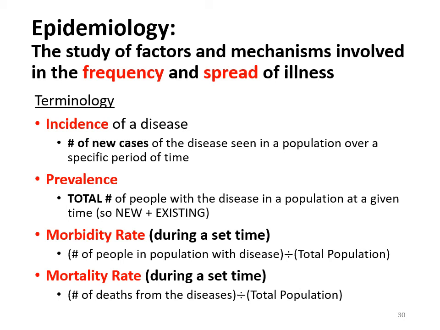Now, when we talk about mortality rate, I want to point out that the total population never changes for that set time. You do not deduct the people who died. So, for instance, if I said that during that time we were just talking about, 6 patients died from whooping cough in that population, we would say 6 over 100,000 is the mortality rate.